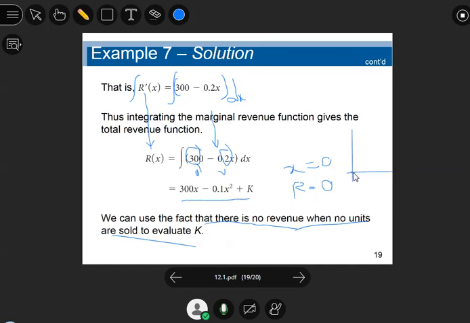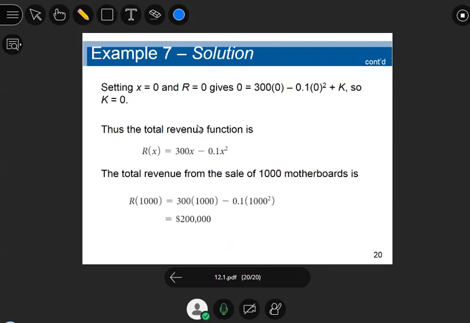This point is the 0, 0 point. By substituting, setting x equal to 0, then r is equal to 0, it gives k equal to 0. So your total revenue function is this one.